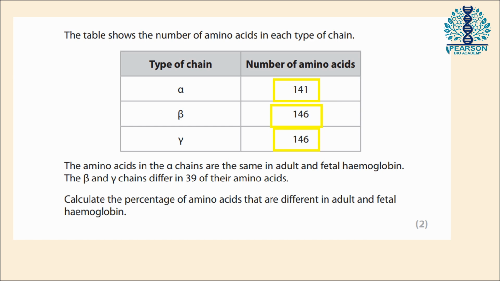The beta and gamma chains differ in 39 of their amino acids. So 146 minus 39, 109 amino acids are common in both beta and gamma chains. And you have to calculate the percentage of amino acids that are different in adult and fetal hemoglobin.